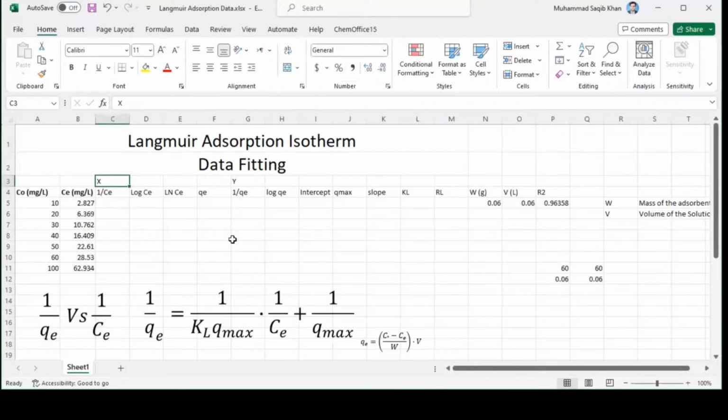Okay, before using the slope and intercept values, let's see, you can make changes in the graph, as you will use this graph in the Word file, in your thesis, or in your article. So make changes over here so that it looks better. Let's first change the symbols.